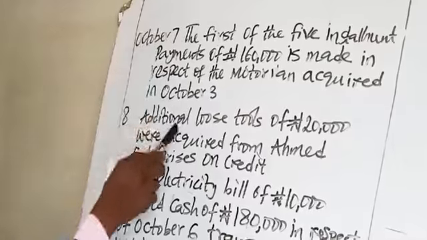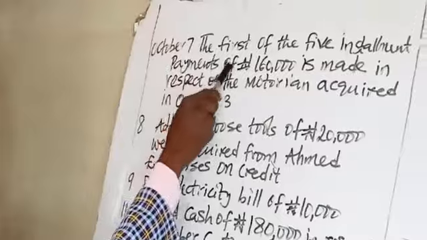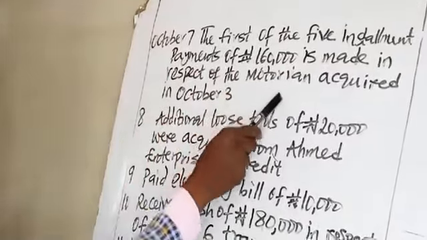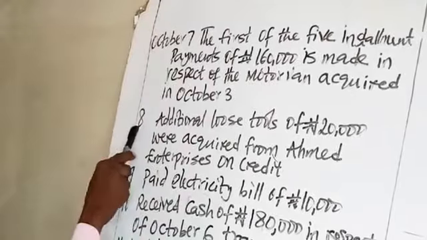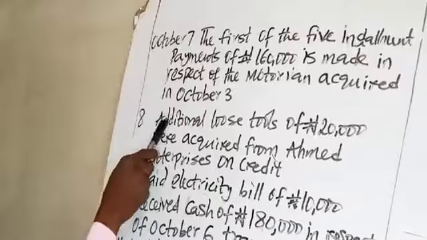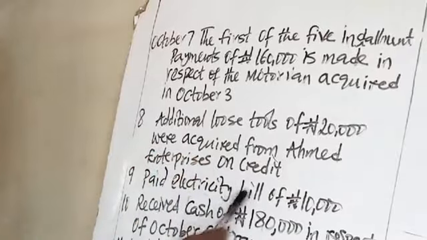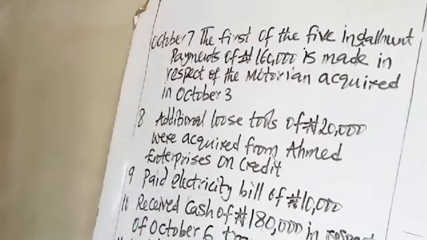October 7th, the first of the 5 installment payments of 160,000 naira is made in respect of the motor van acquired on October 3rd. On the 8th of October, additional loose tools of 20,000 naira were acquired from Ahmed Enterprises on credit. On the 9th of October, paid electricity bill of 10,000 naira.